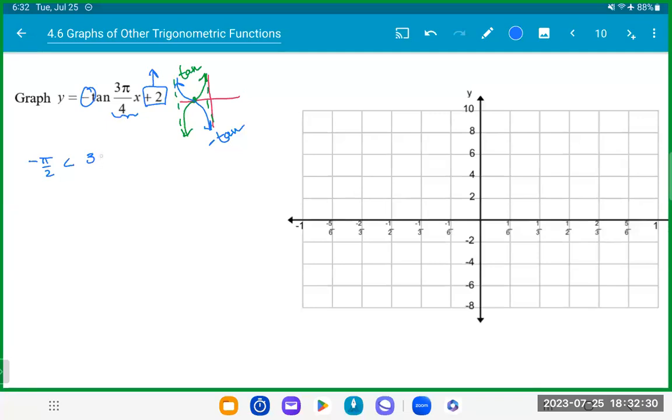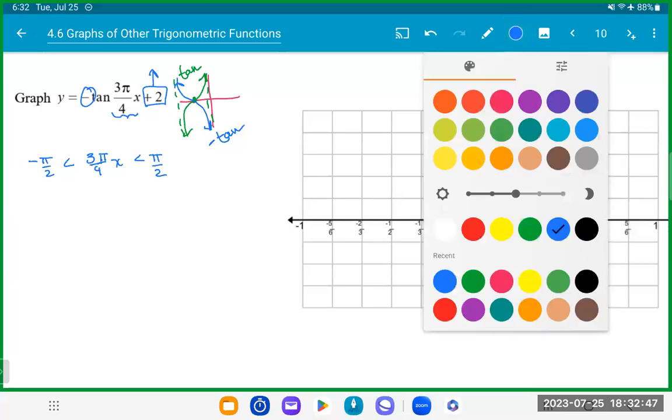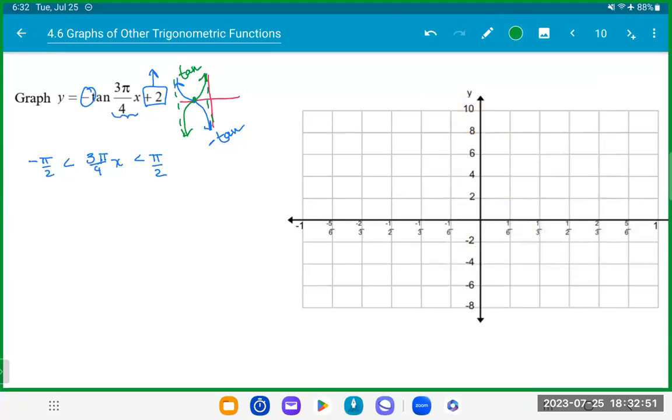So I just need this 3 pi over 4 x is less than positive pi over 2. So I can multiply everything by 4 over 3 pi.